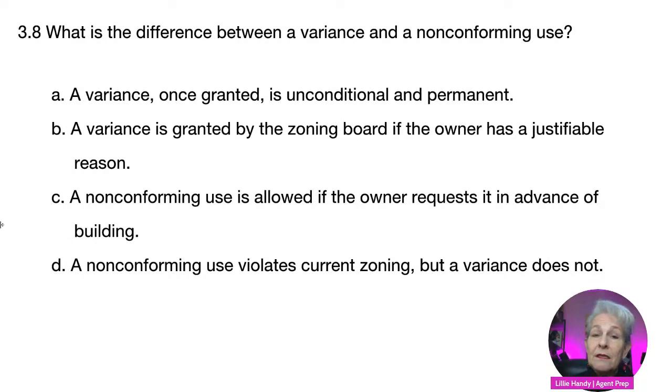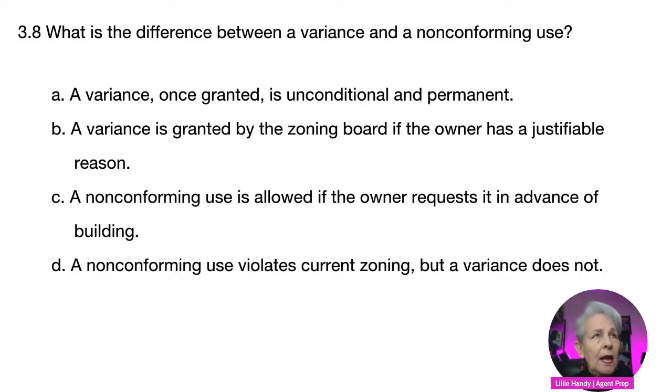Well, that is non-conforming use and it's grandfathered in until it's sold or it burns down. So on 3.8, the answer is, I know that's a long explanation, B, a variance is granted by the zoning board if the owner has a justifiable reason.